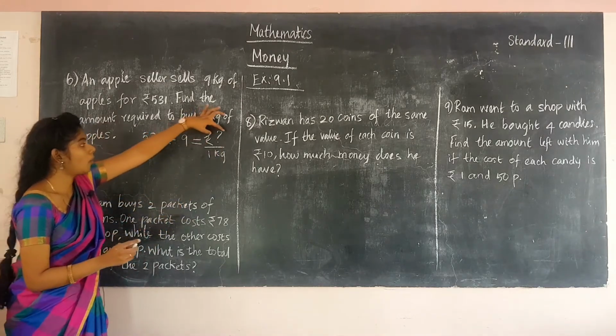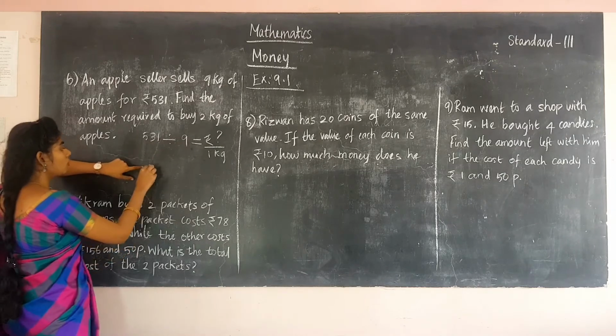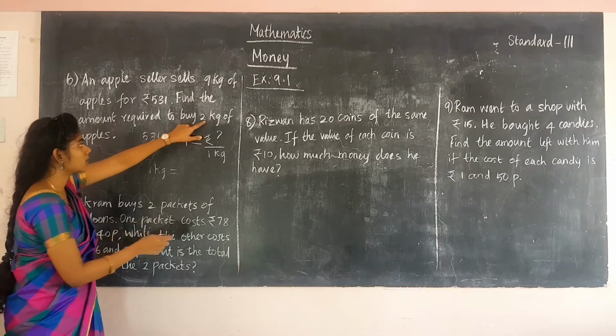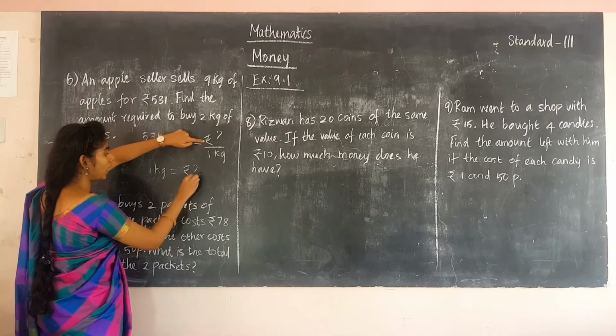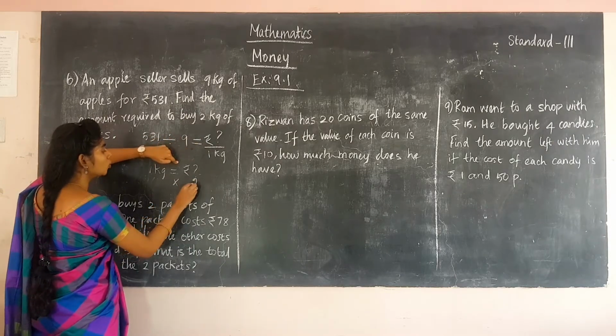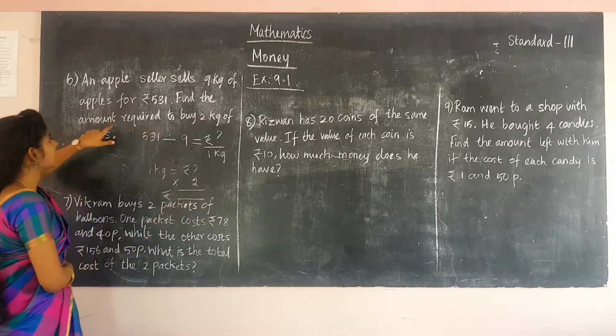After finding the amount for 1 kg, we can find for 2 kg. So, write that amount that we have found, and then multiply the number 2 with that number. So you will find for 2 kg what is the amount required.